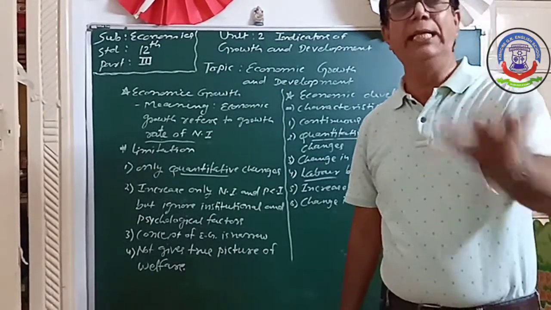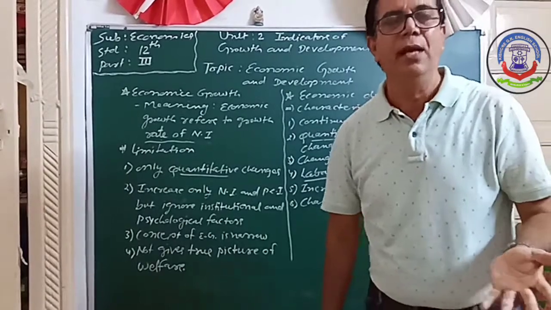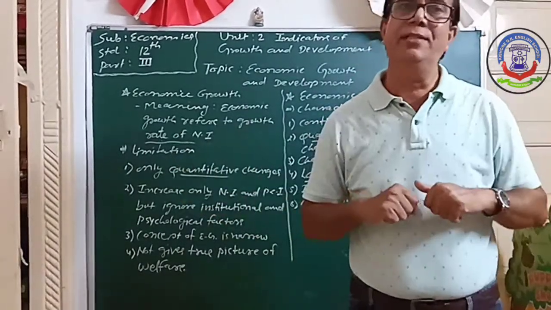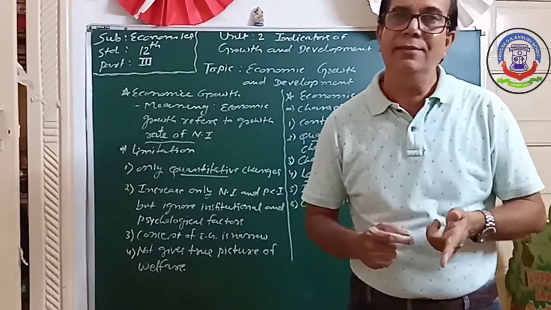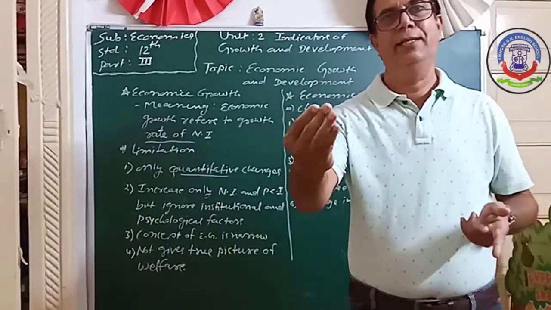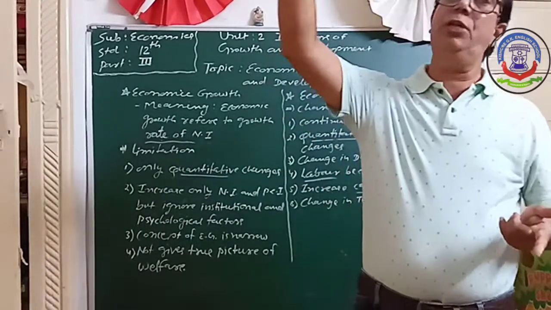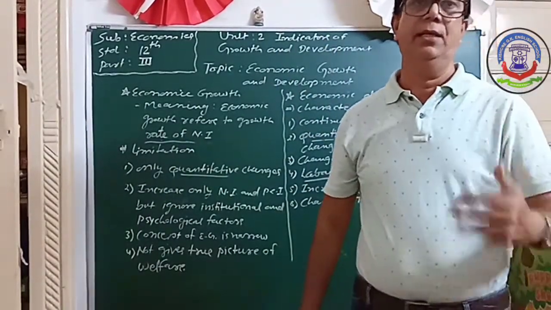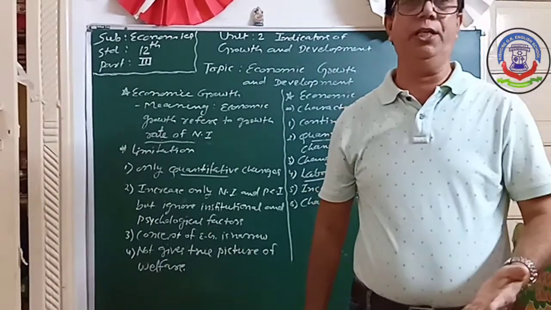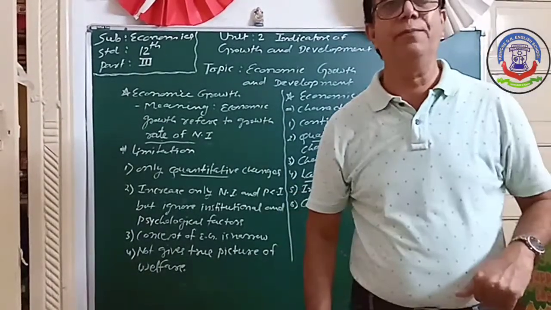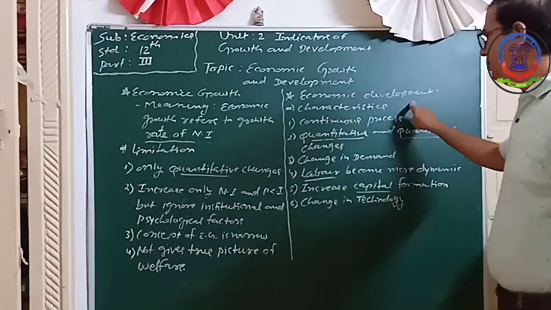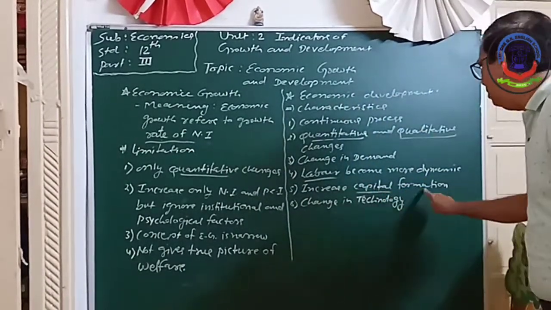Because of that, income of the people increases. When the income increases, saving also increases. If the saving increases, then capital increases. Because of increase in total production, the demand for capital increases: new technology, new machinery, more investment. And because of development, capital formation increases.